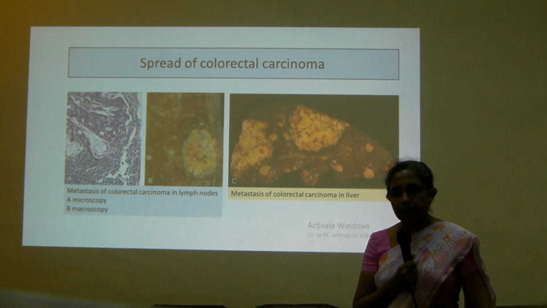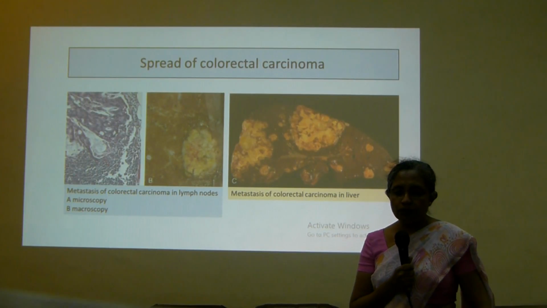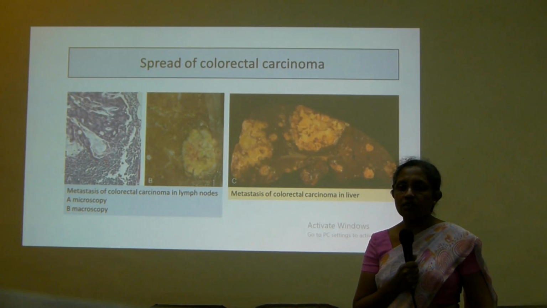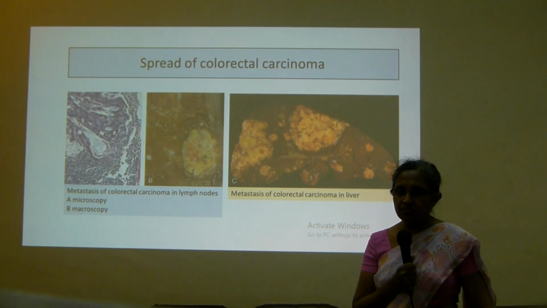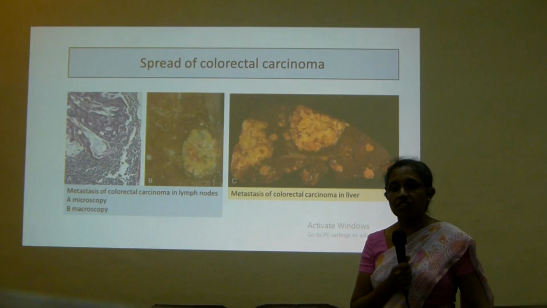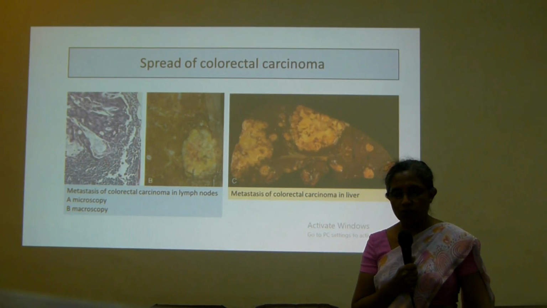And then the clinical presentation can differ depending on where the colorectal carcinoma has developed. Is it a left-sided one, or a right-sided one, or a pure rectal carcinoma?